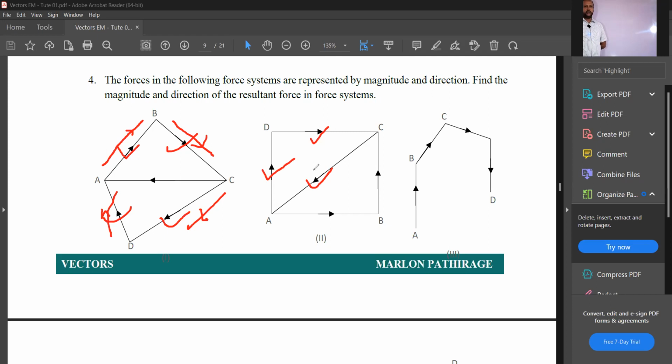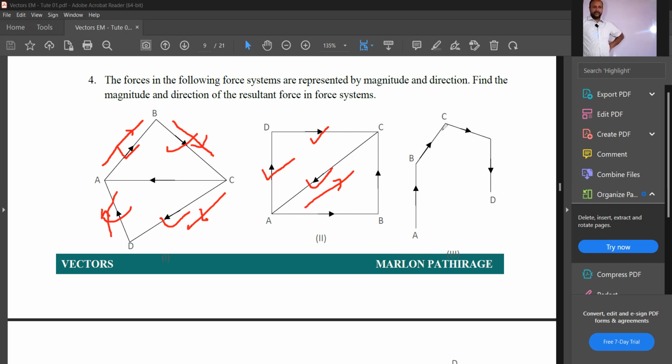If I take ADCA, I can remove these 3. Then I will have AB and BC. AB plus BC means AC. So the resultant of the second graph is AC.